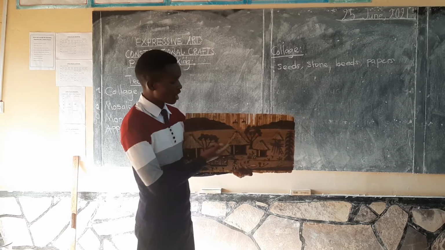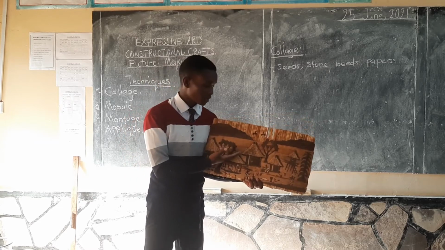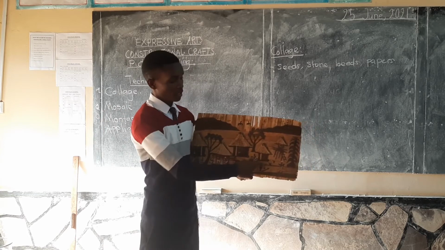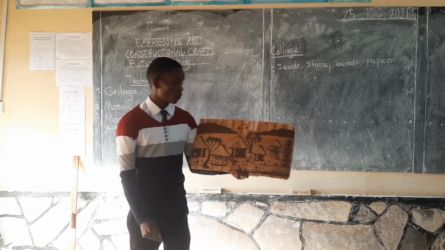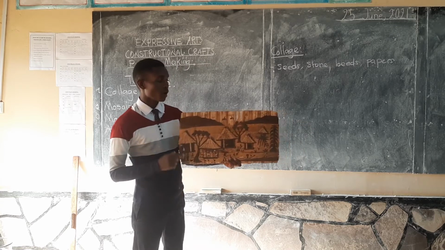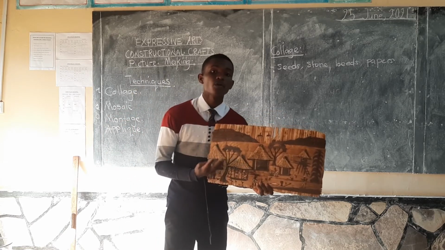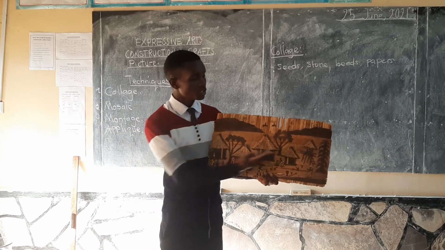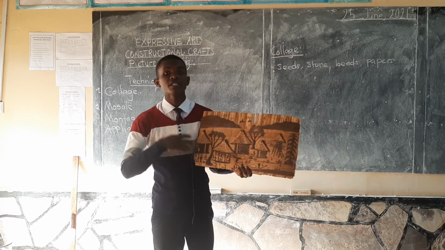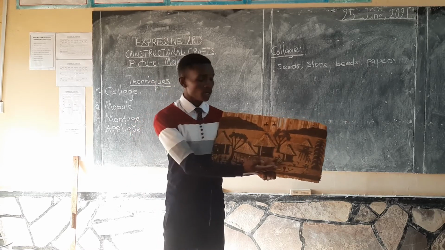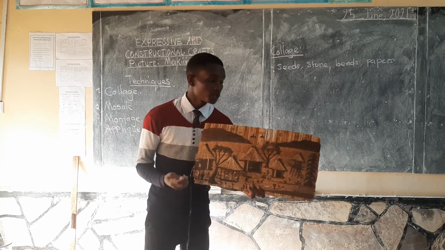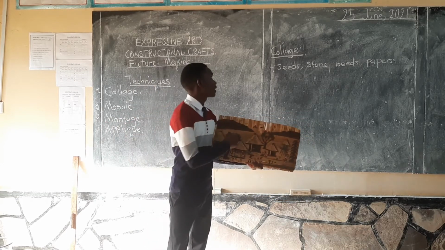I've used grass, leaves, and the fiber from the bananas. Sometimes the picture that you make can tell a story. So this one is telling a story of a village setup.